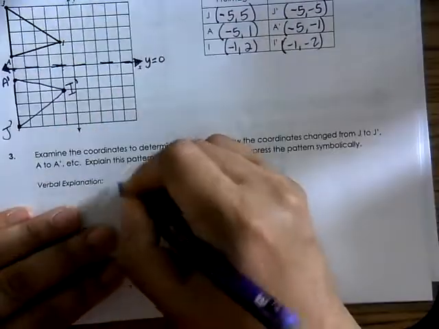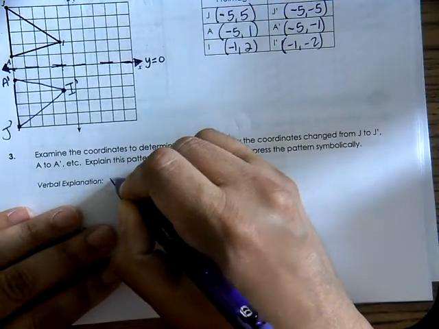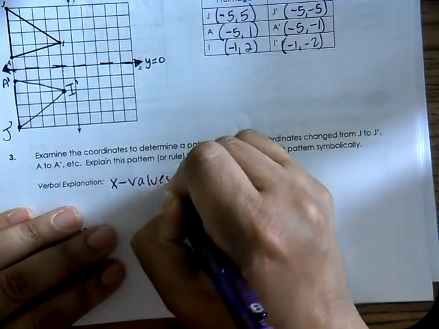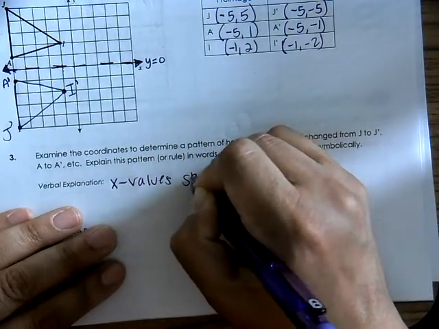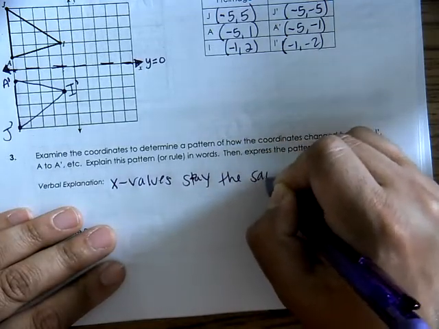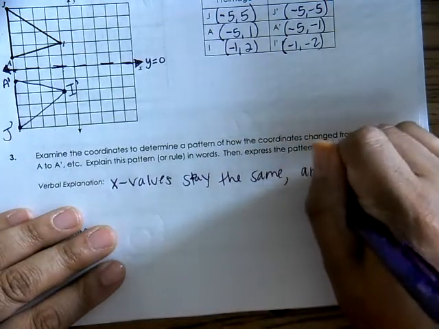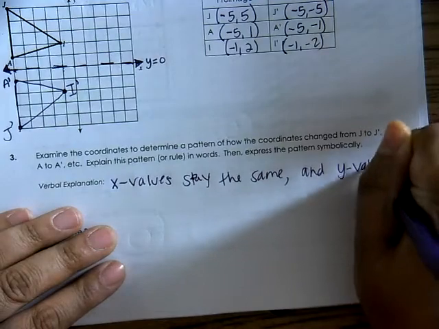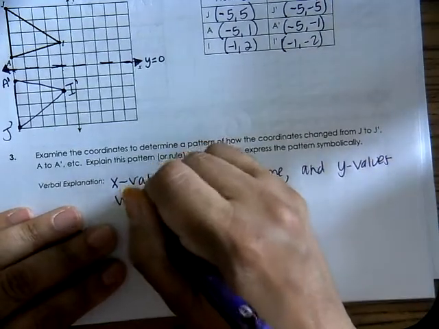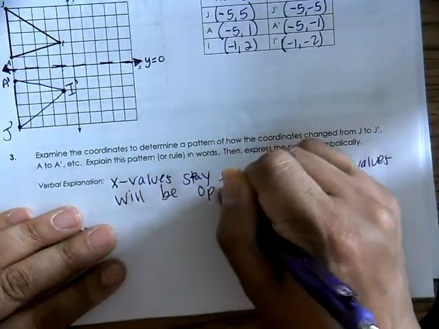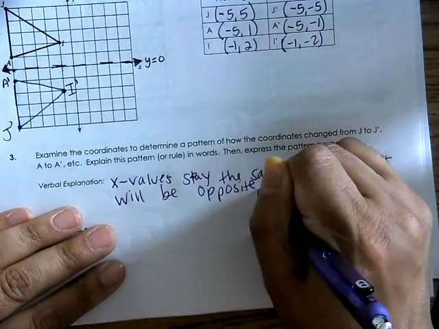Similar to what we did yesterday, we're going to say that the x values stayed the same, and the y values will be opposite, meaning that the sign changed.